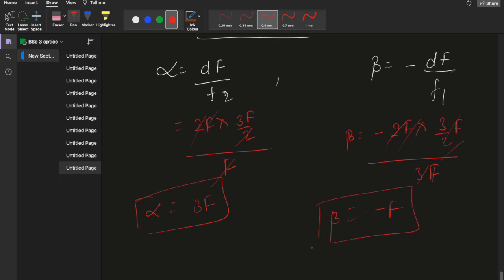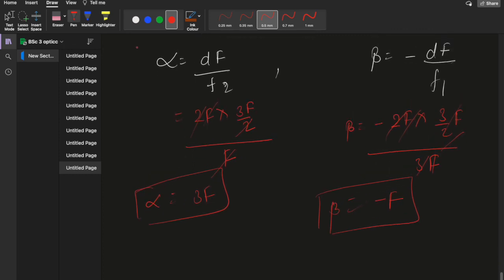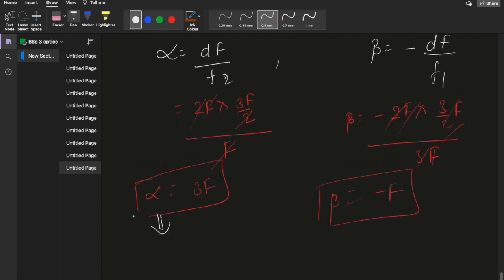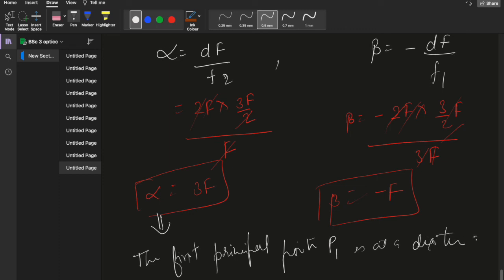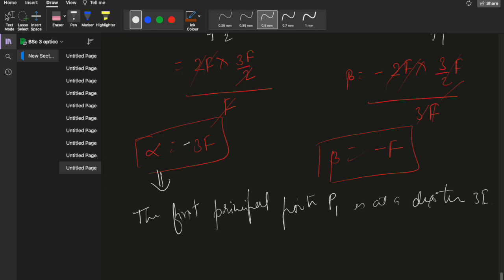So alpha is 3f, which says that the first principal point, say P1, is at a distance of 3f, because of the positive sign, to the right side of the first lens.